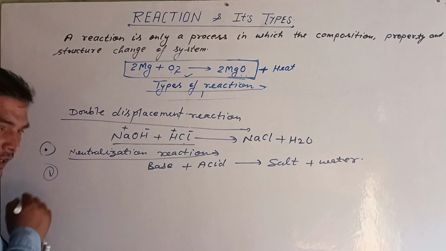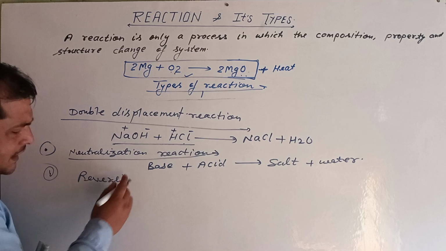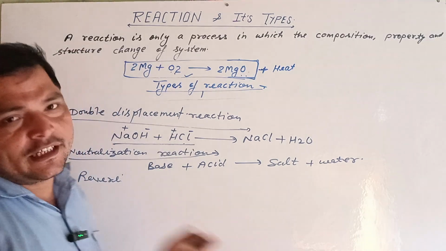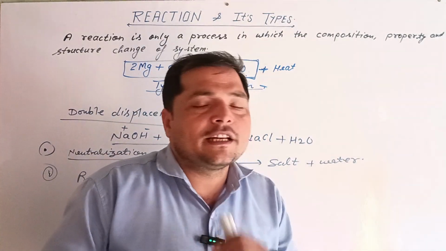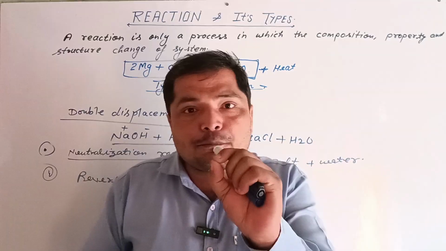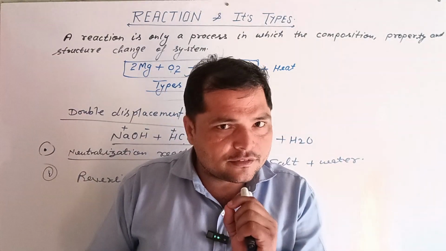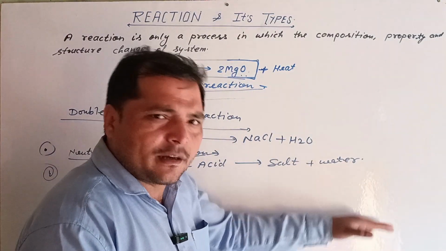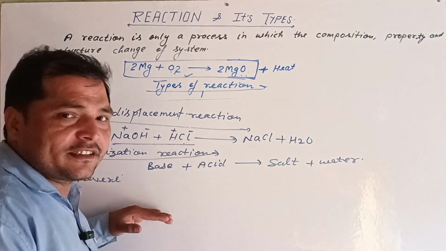And fourth, reversible reaction. It has already been explained during dissociation and decomposition. I have told you that a decomposition reaction is a non-reversible reaction, meaning there is no possibility that the products again combine with each other to form the reactants.